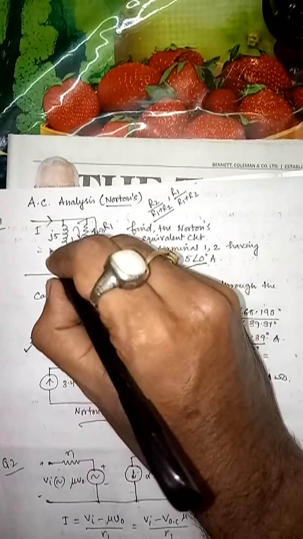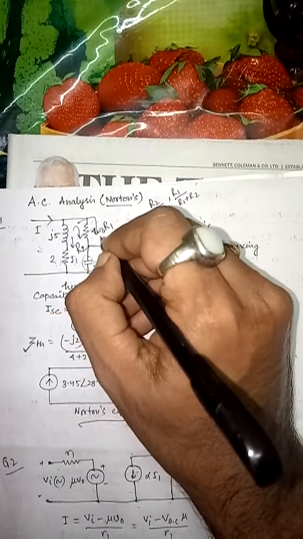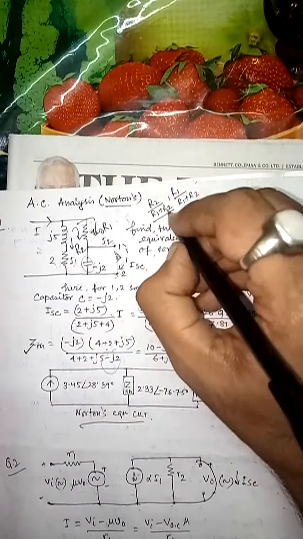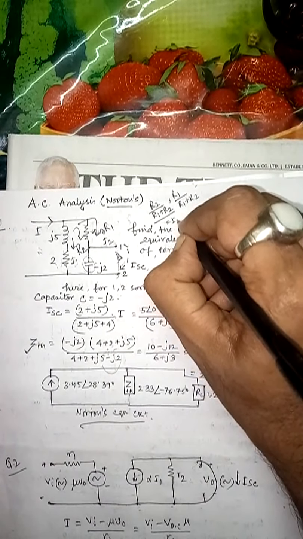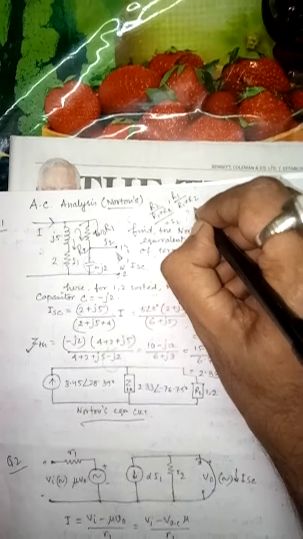So if this one is I1 and this one is I2, obviously I2 means this one and this must be I1.